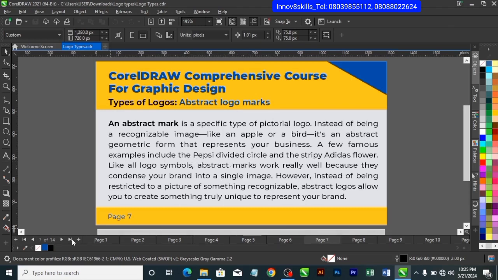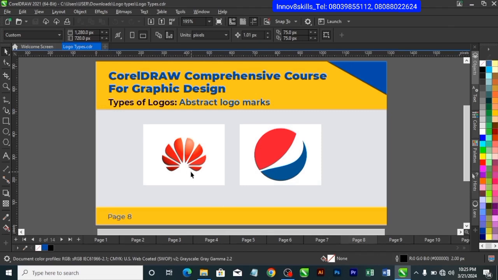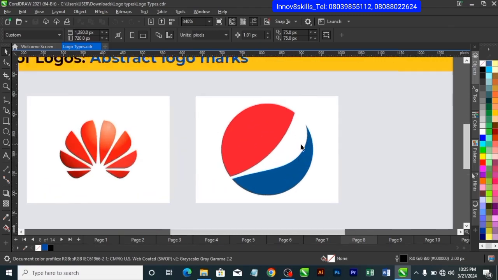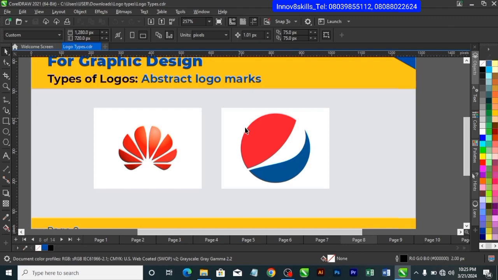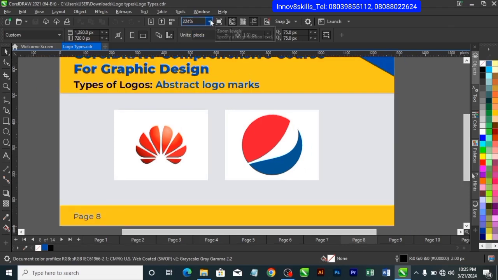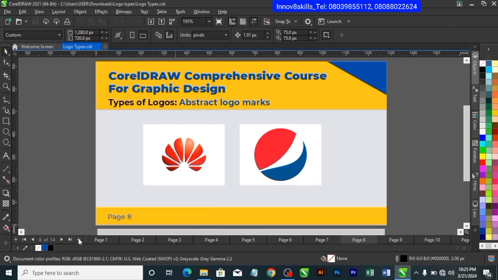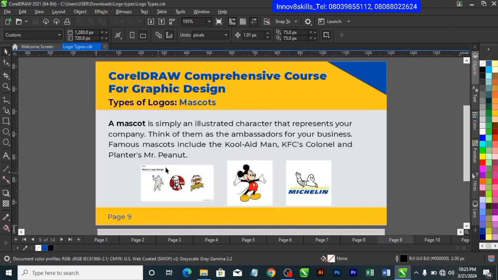I don't know if there is anything like this in real life that actually represents Pepsi. They are the ones that chose it for themselves, and what you want is something unique to associate with your business.